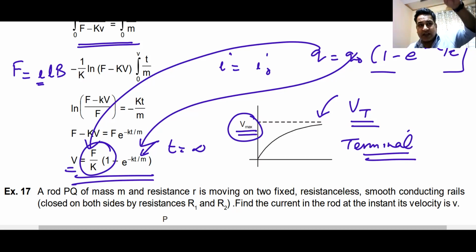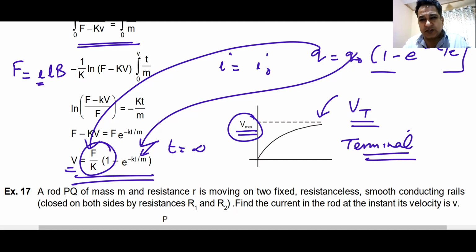This is the same as something falling from a great height. It acquires a terminal velocity because of Stokes' law. Remember Stokes' law, 6 pi eta RV. When you drop it, it is getting accelerated because of acceleration due to gravity, weight mg acting downwards. The velocity increases, but as soon as the velocity increases, the viscous force 6 pi eta RV increases.